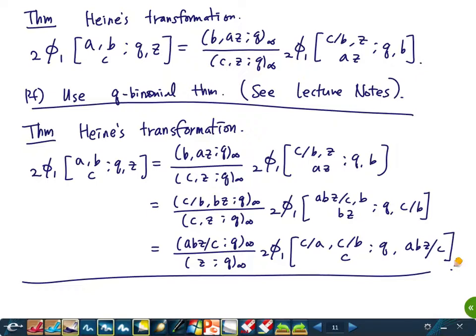In the third one here, if you replace A, B, C by Q to the A, Q to the B, Q to the C over here, and if you let Q approach 1, then you get this.